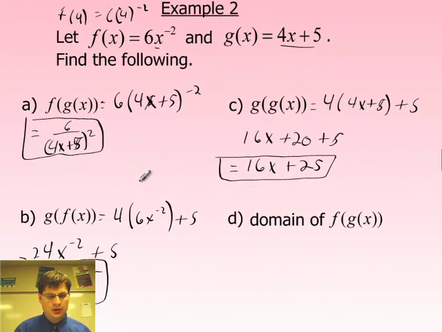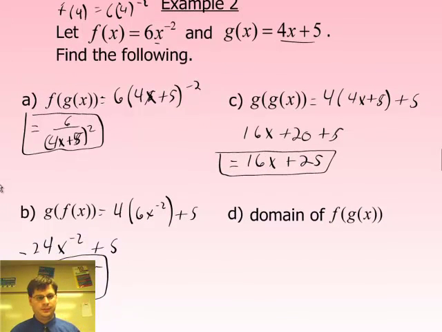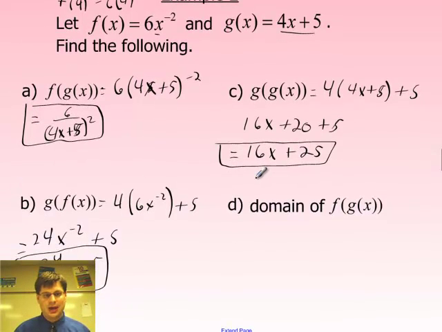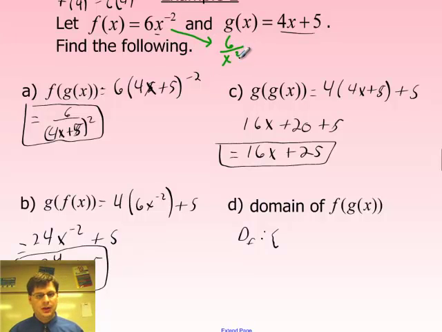Okay, so D, we're going to talk about the domain of f of g of x. When we look at the domain of f, we know we have an x to the negative 2 power, and that can be rewritten as 6 over x squared. So if I think about my restrictions here, first off, x can't be 0.